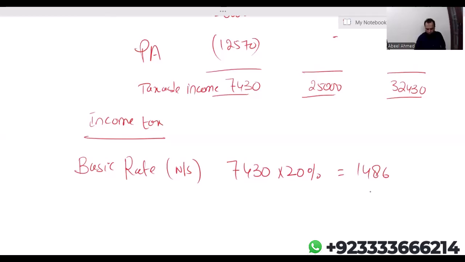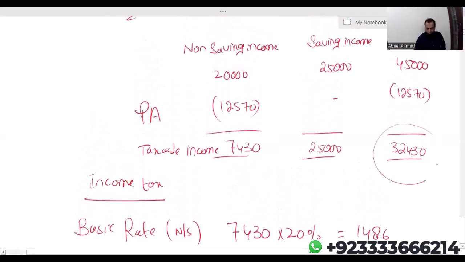Over here, in the last column, student, you can see that the total taxable income is 32,430, which is not exceeding the basic rate band limit of 37,700. So this individual is a basic rate taxpayer. Whoever is a basic rate taxpayer gets nil rate band £1,000 for the saving income.